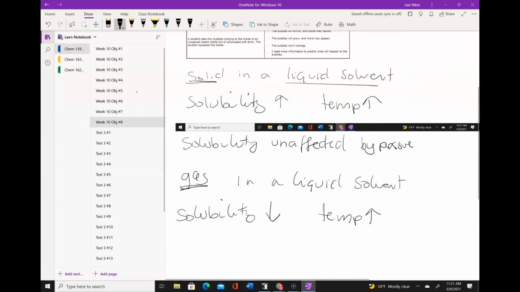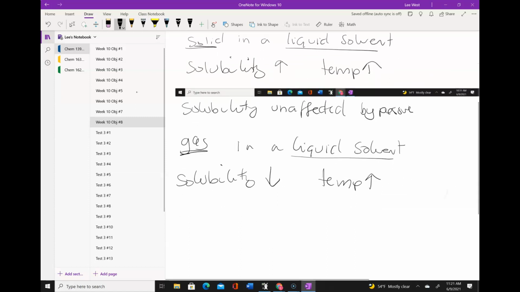So you might have noticed that when you begin to heat water up, well before it starts boiling, little bubbles form. That's the gas leaving, because as the temperature goes up, the solubility of gases goes down. However, this is interesting, the solubility of a gas in a liquid increases as the pressure goes up.